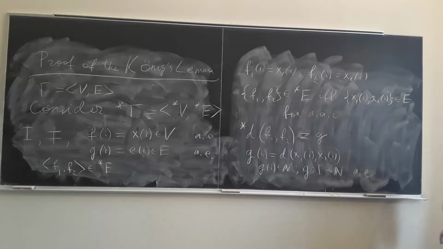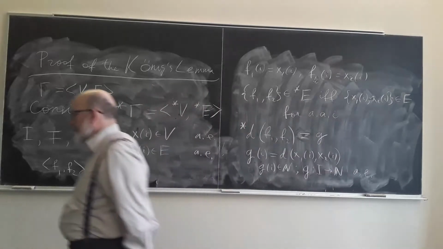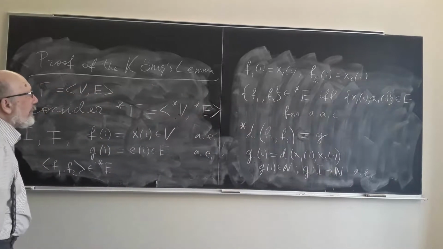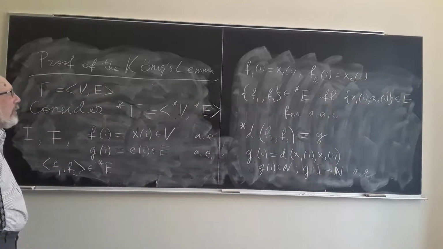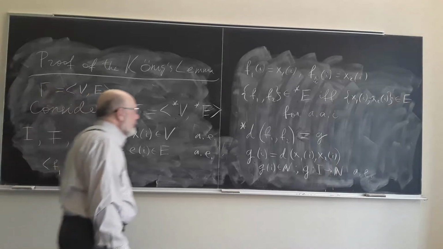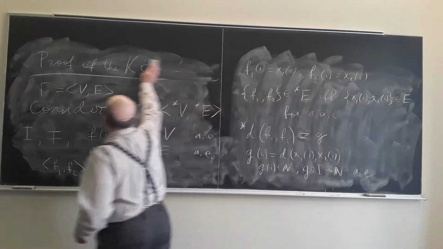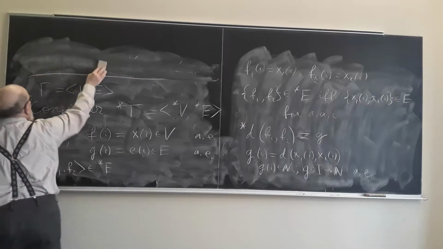So we have now this non-standard extension of our graph with the graph distance. Okay, now we have the following property.